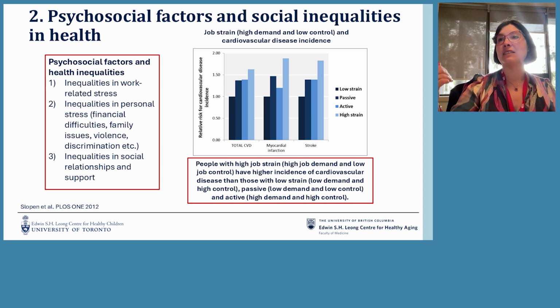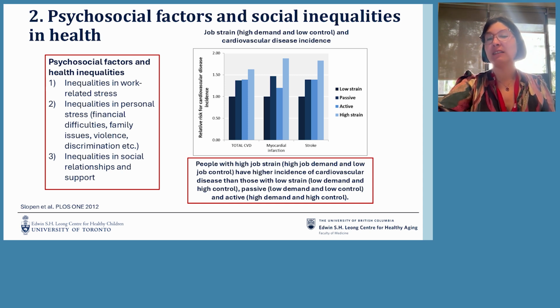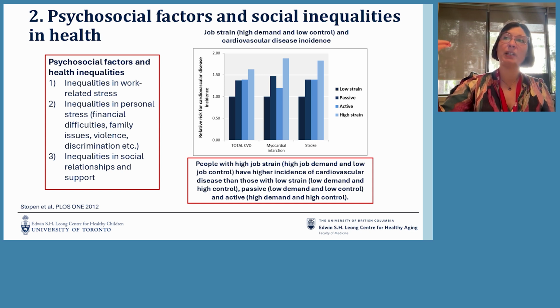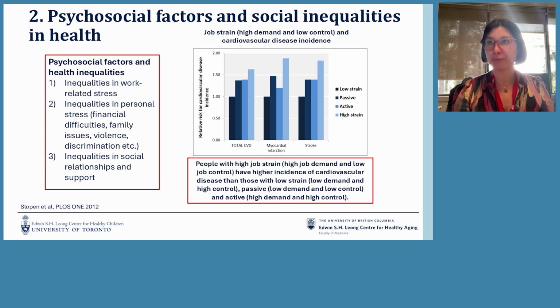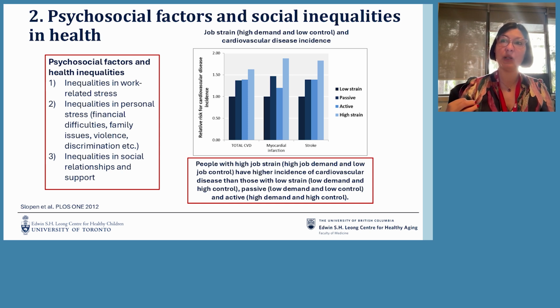And in this case, we can divide participants into those with low strain, which means a low demand on the workplace and a high control on the time and flexibility to perform these demands, and those with a high strain, which on the contrary have a very high job demand but very low control and flexibility in performing their tasks.